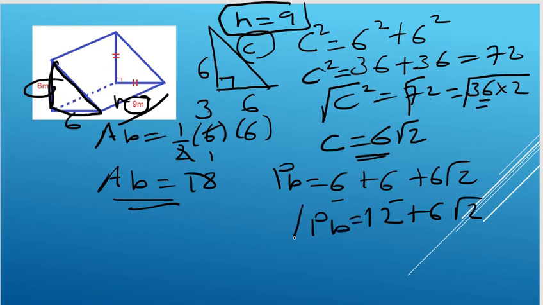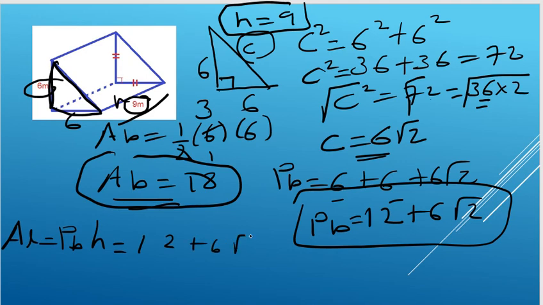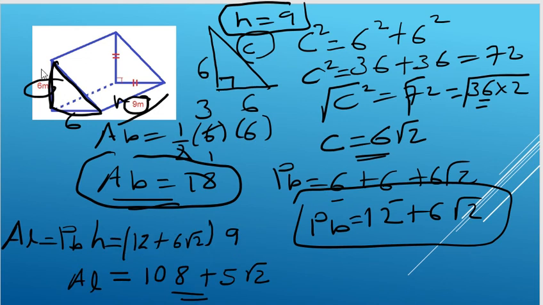Okay, now we have every component to find the area total, the volume, or the area lateral. Therefore, let's find each of them. First of all, area lateral. The area lateral is the perimeter of the base times height, as you see here in the formula.